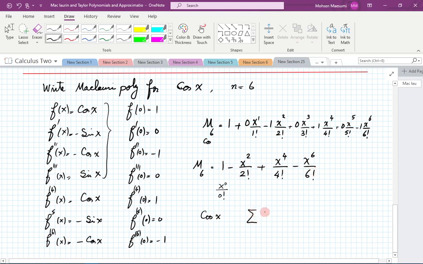It is x to power of 2i, the denominator is 2i factorial. Then to indicate odd and even, I can use minus 1 to power of i.